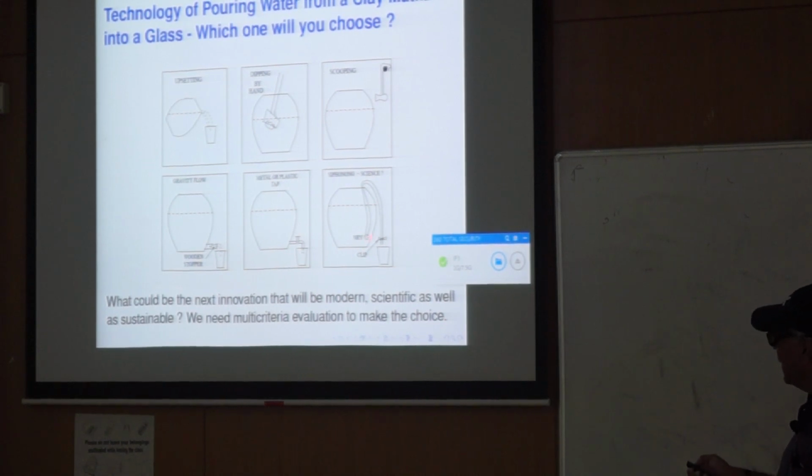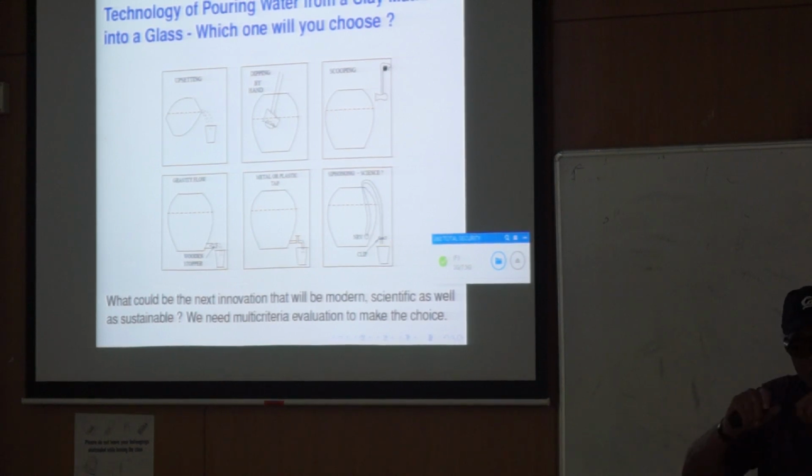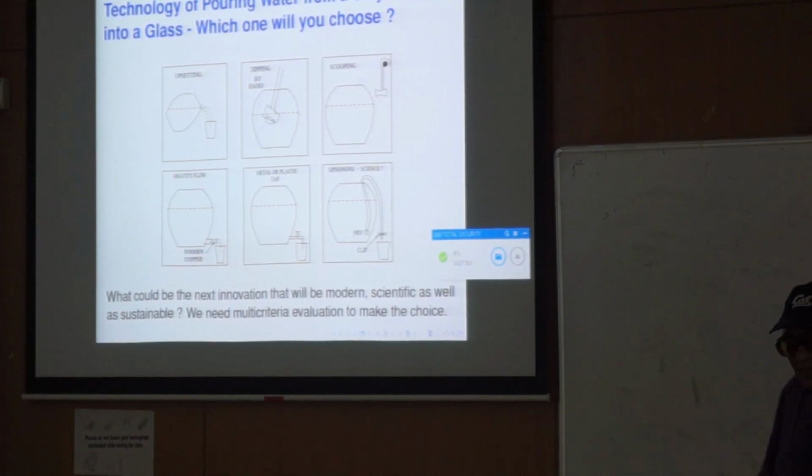Then you can have a tube, it's exaggerated, but a tube with a non-return valve on the inside, and a clip on the tube, and you fill it up with water, and as long as your glass is below the surface of the water, no water will flow into the glass.